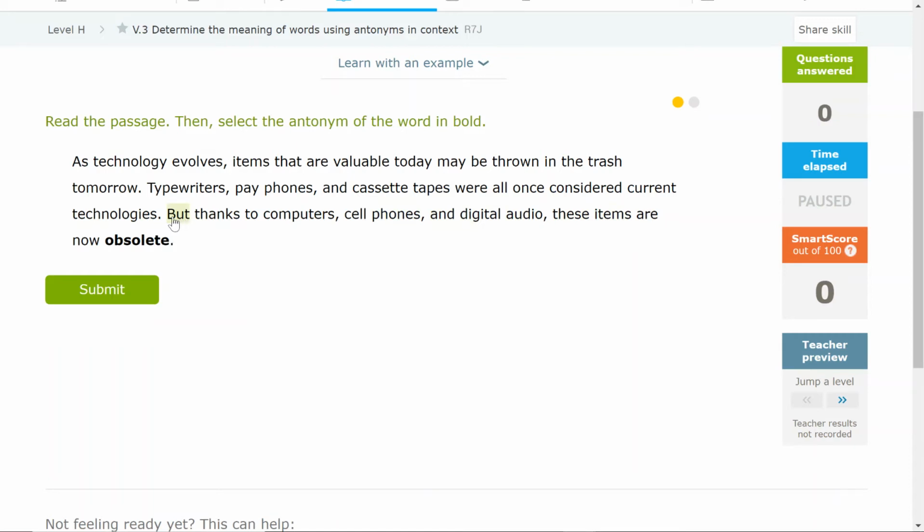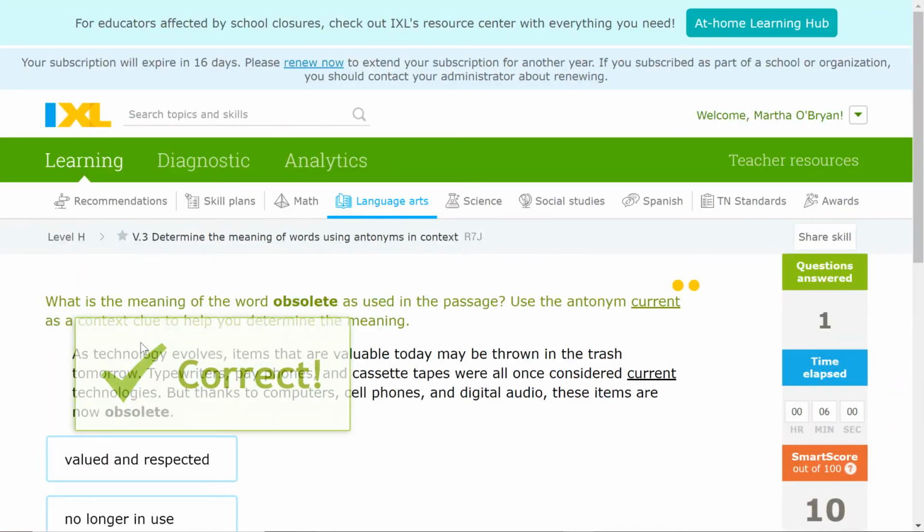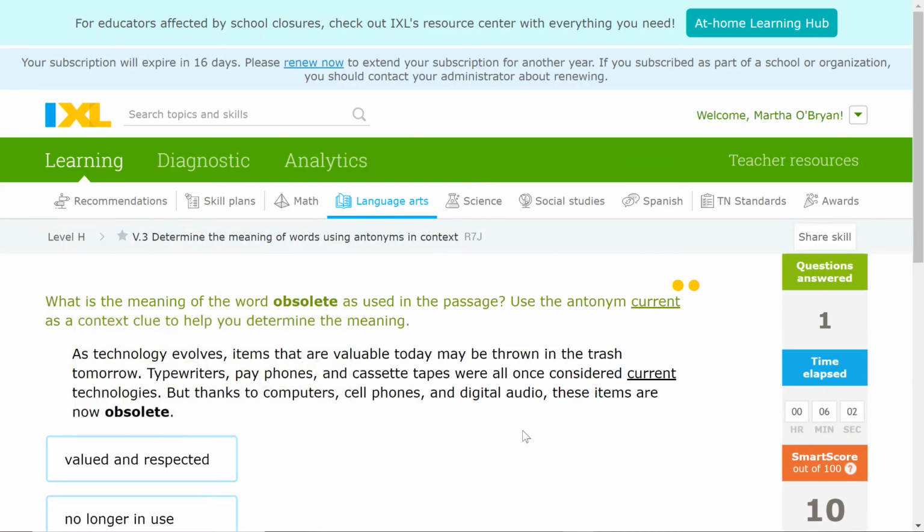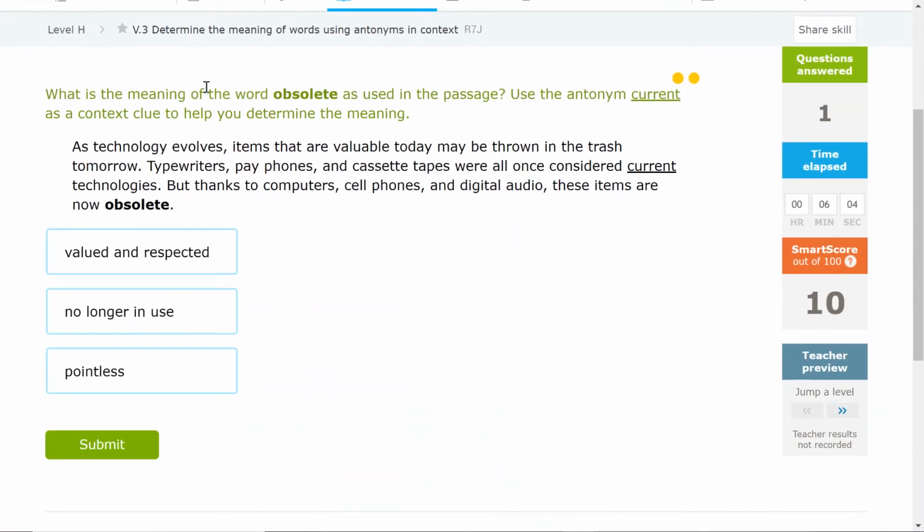And so that tells me that how they were before is the opposite of how they are now. And so I'm going to say that how they were before is that they were considered current. So current is going to be the opposite of obsolete. Let's see. Correct. Awesome.